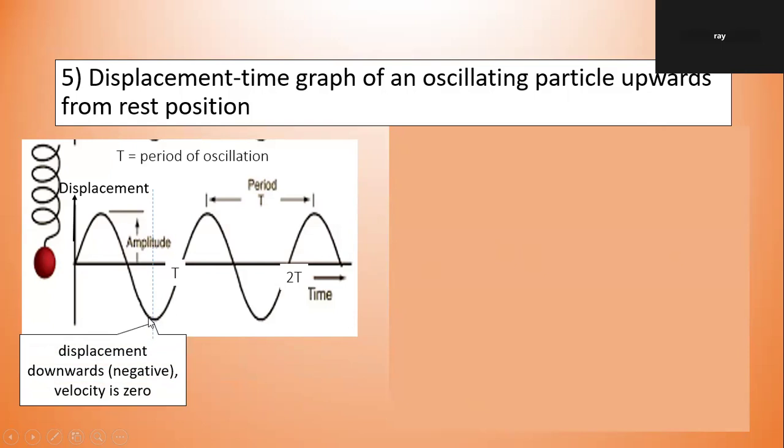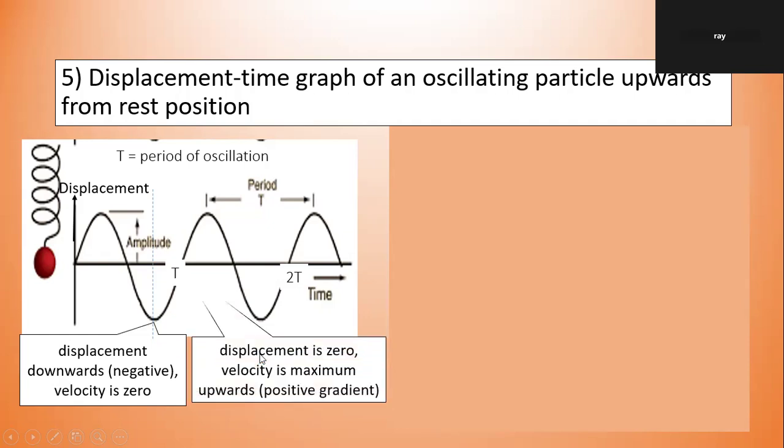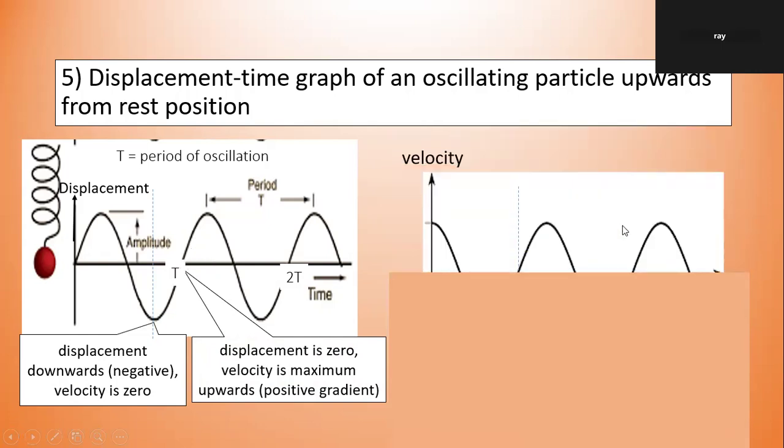Or we take the gradient now. The gradient is horizontal at this point, so velocity is 0. Displacement is 0 at the period there, where it returned to the rest position. Velocity is maximum. We take the gradient: positive gradient, and the slope is maximum at this point.